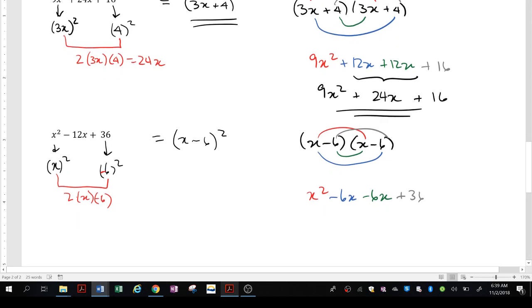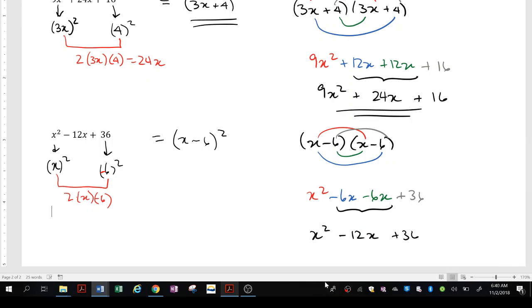And when we combine our like terms here, that gives us the negative 12x that we wanted, plus 36, which is the perfect square trinomial that we started with.